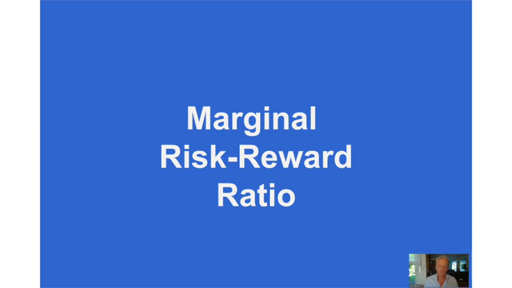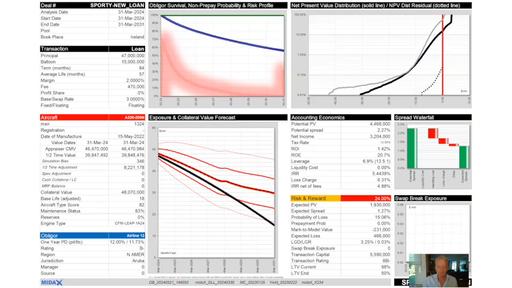But this is a fundamental mistake, because whenever you take an investment decision, you shouldn't look at what your position is after you've done this deal. You should look at the marginal impact of adding this particular position to your portfolio. So say that we are being asked by a borrower to provide a very sporty new loan.